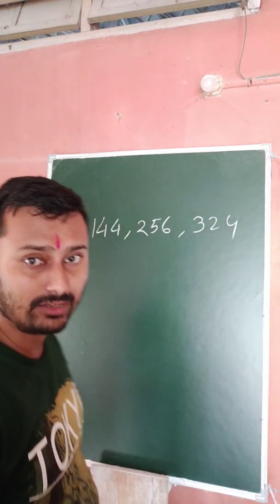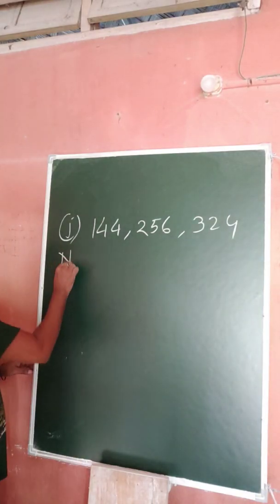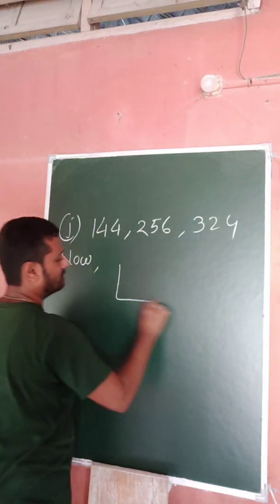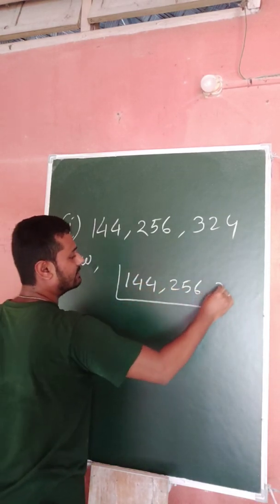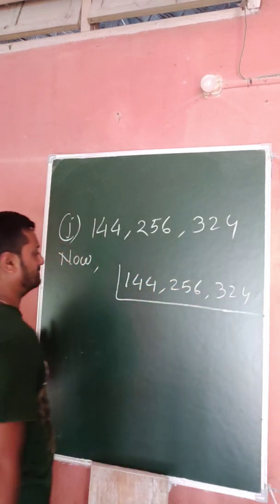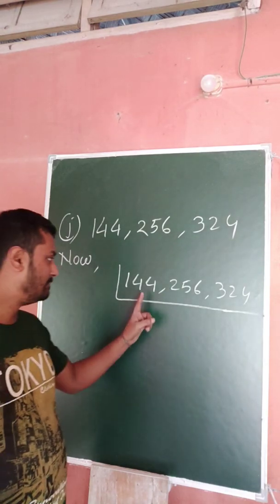Again we have to divide by the same number. So look at the numbers. 144, the unit place digit is what?